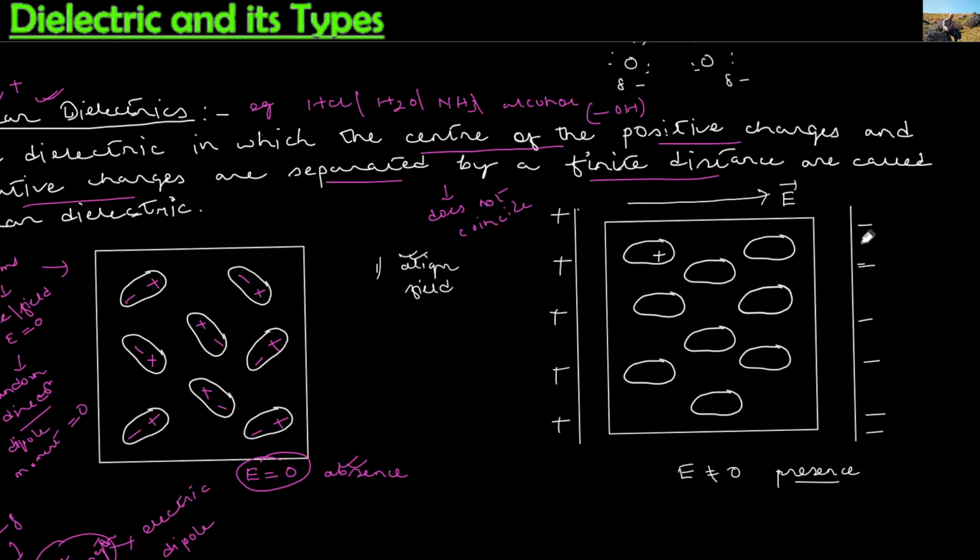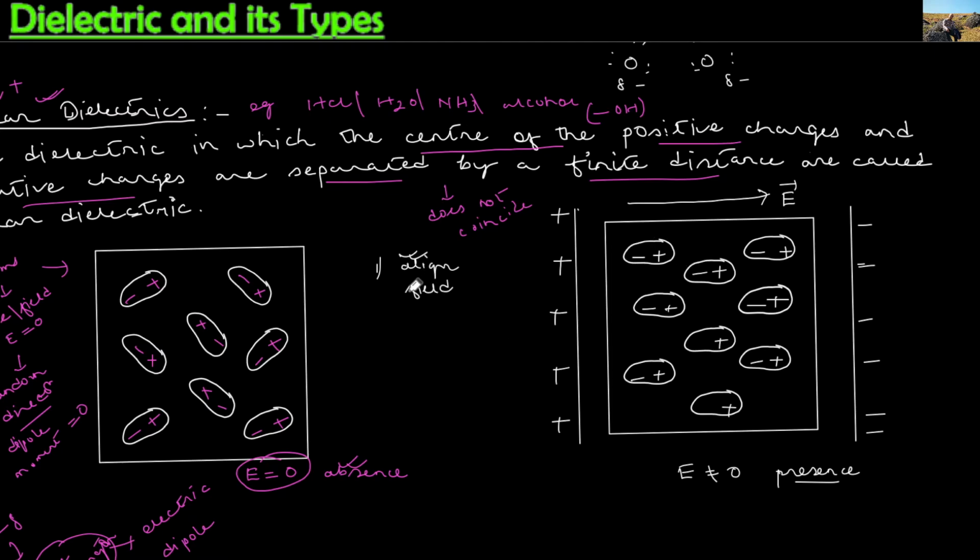The positive end of the dipole will be along the field direction, whereas the negative end of the dipole will be in a direction opposite to E.